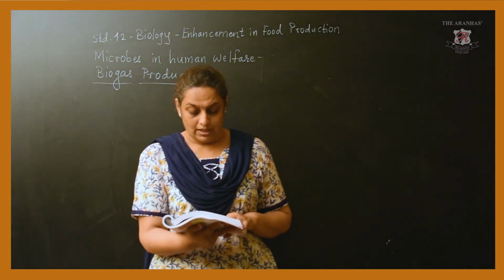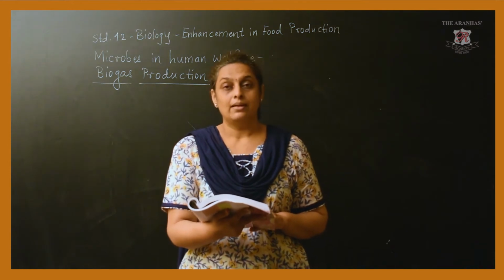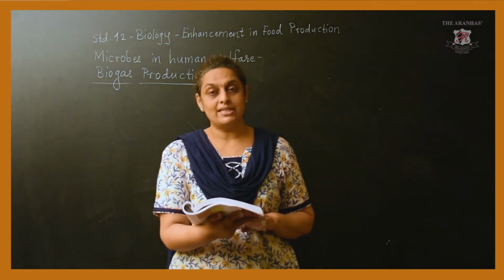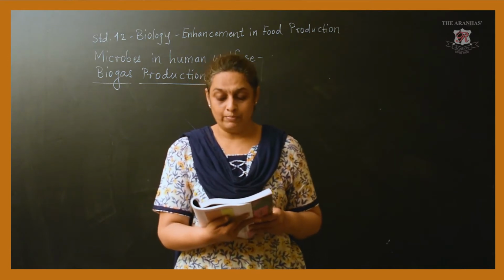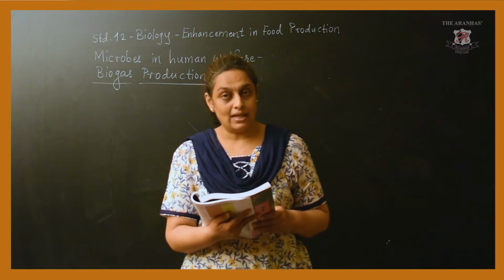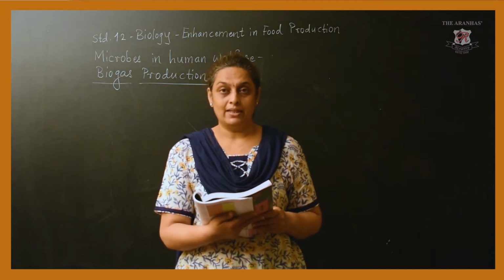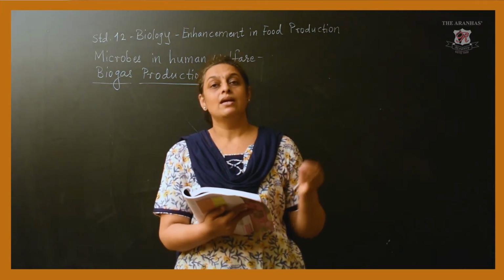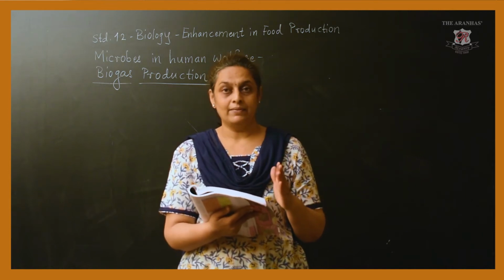Now, for the diagram, page number 264, there is a design of a biogas plant given in the textbook. Now this diagram is important. There is a charge pit. Charge pit means all the raw materials will be added in that pit.